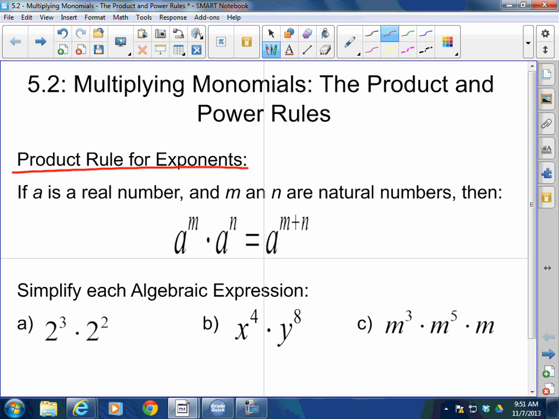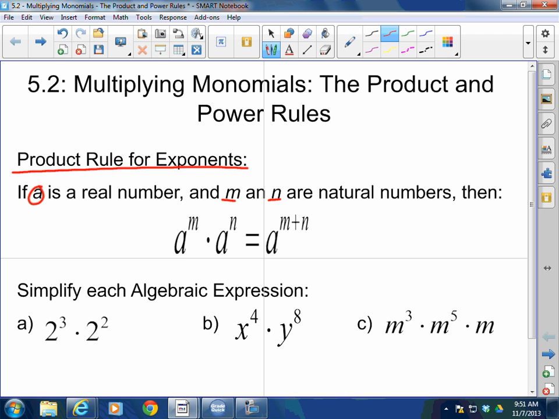Please pay attention to this. These are rules that are going to allow us to manipulate the exponents. The product rule: if A is a real number and M and N are natural numbers. Remember what natural numbers mean: positive whole units, things like 1, 2, 3, 4, 5, 6, 7.